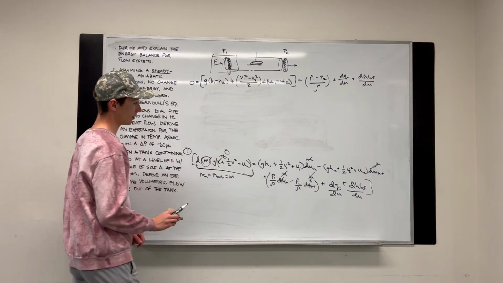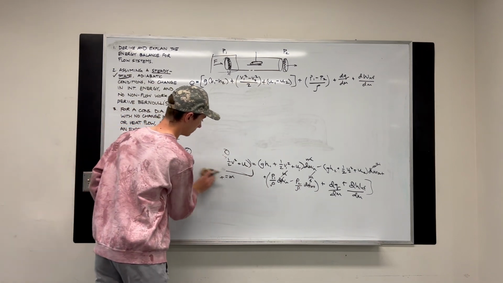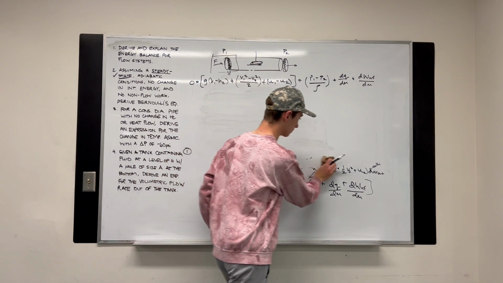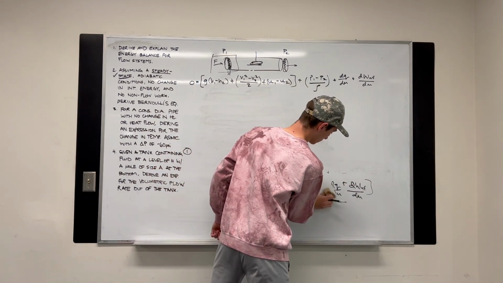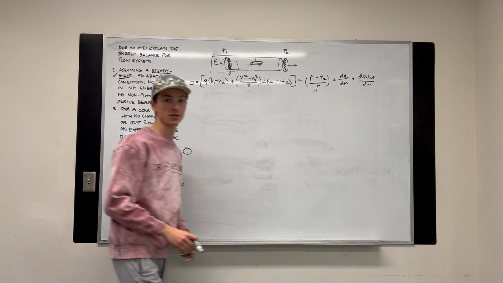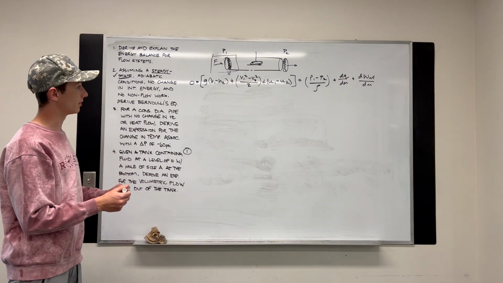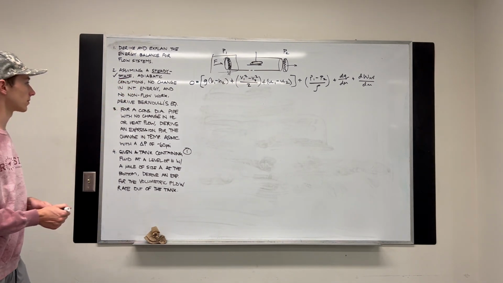I'm gonna erase this to give us more room. Try to keep the answers on the board, but they're so long in this problem that we're just gonna have to keep moving. Okay, so we got the steady state. Now, adiabatic conditions, what does adiabatic mean?